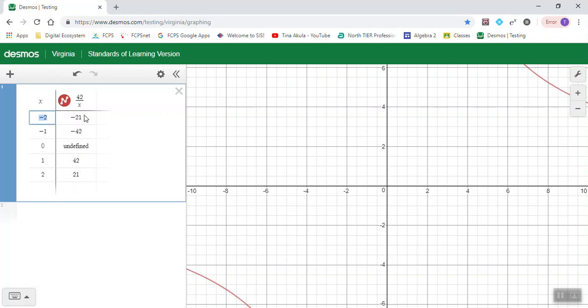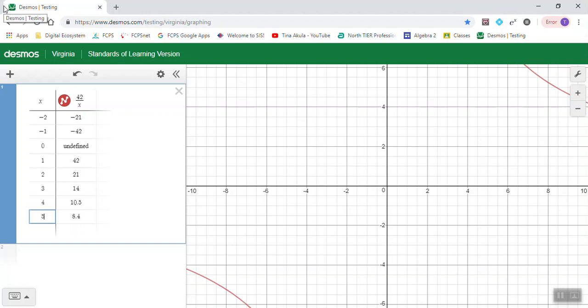Like negative 2 times negative 21 gives you 42, and then you can try 3 times 14 is 42, and so on.